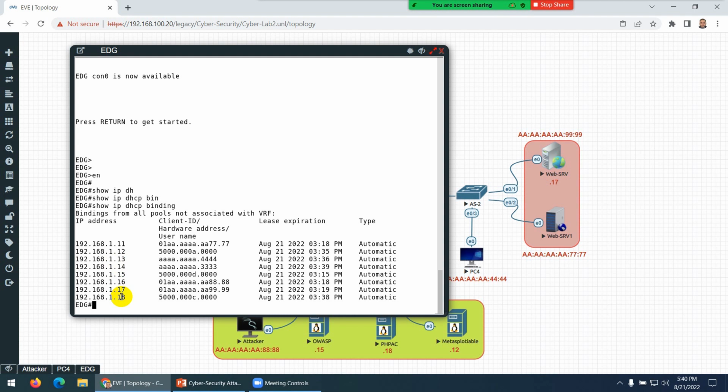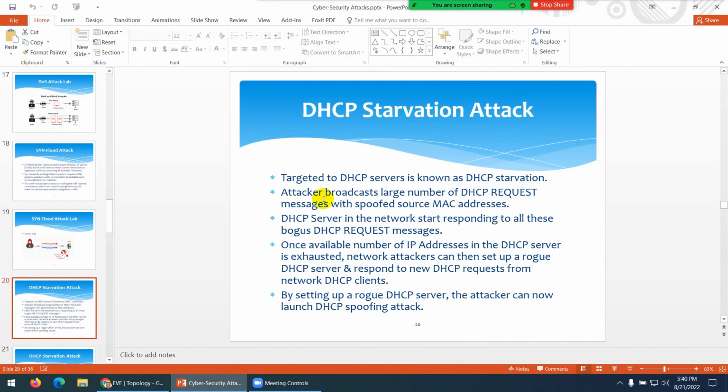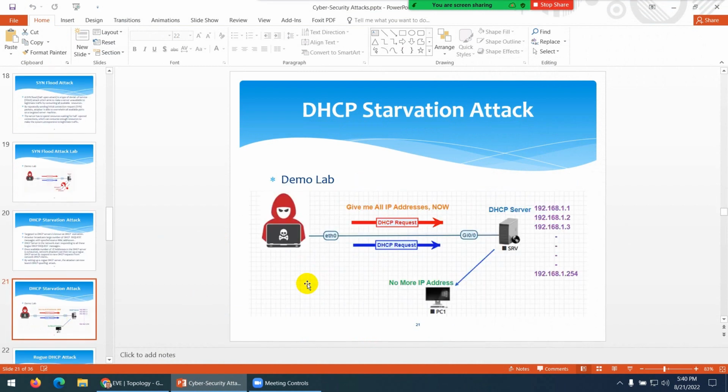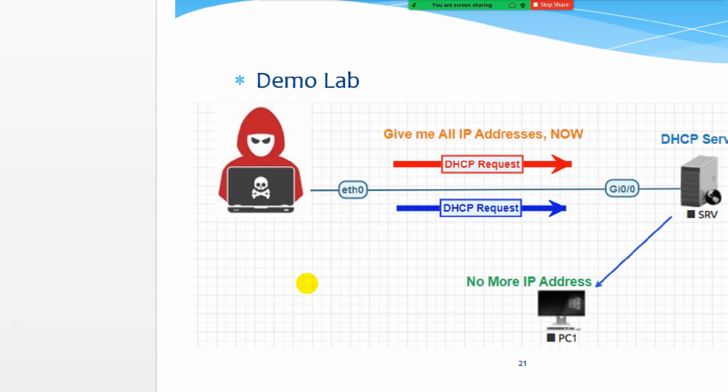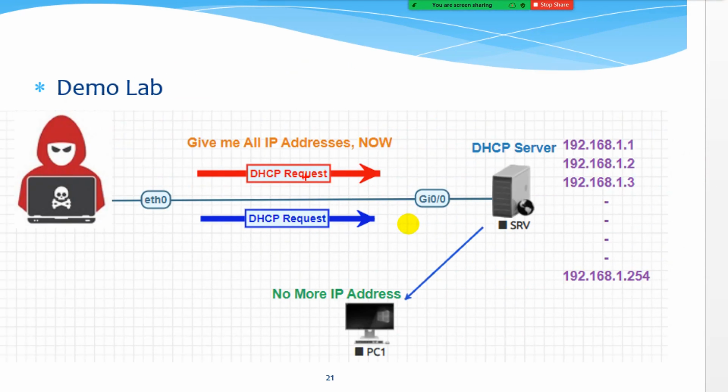Now if I want to do my attack, I need to get all these IPs first, and this type of attack is called a DHCP starvation attack. What I will do is send DHCP requests. I just showed you discover, offer, request, the third packet to get the IPs. This is my DHCP server, which is running from 1 to 254 IPs.